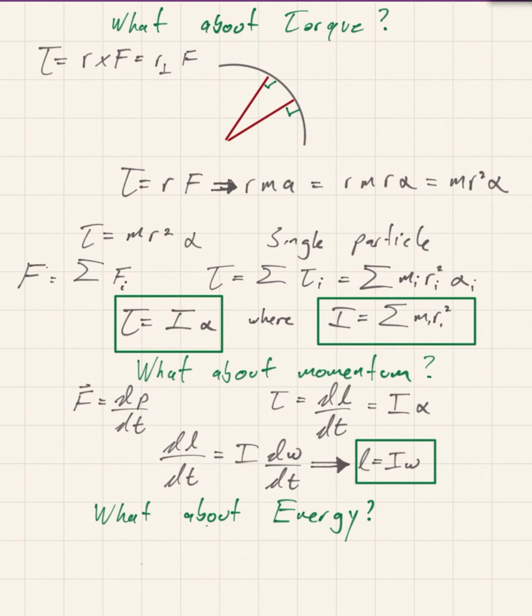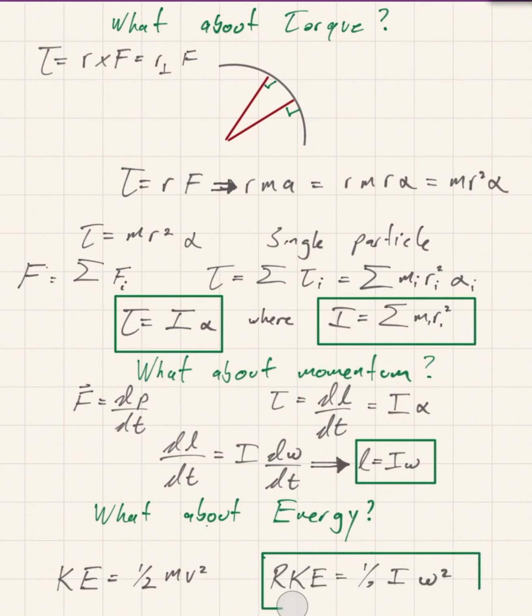Now, what about energy? Well, we have arrived now to our similar quantities for m in the linear case and I for the rotational case. So if we have KE, kinetic energy, equal to 1/2 mv squared, we would have some other quantity related to the energy of rotation, which is not the same energy, but is an energy. That is rotational kinetic energy, which is equal to 1/2 I omega squared.